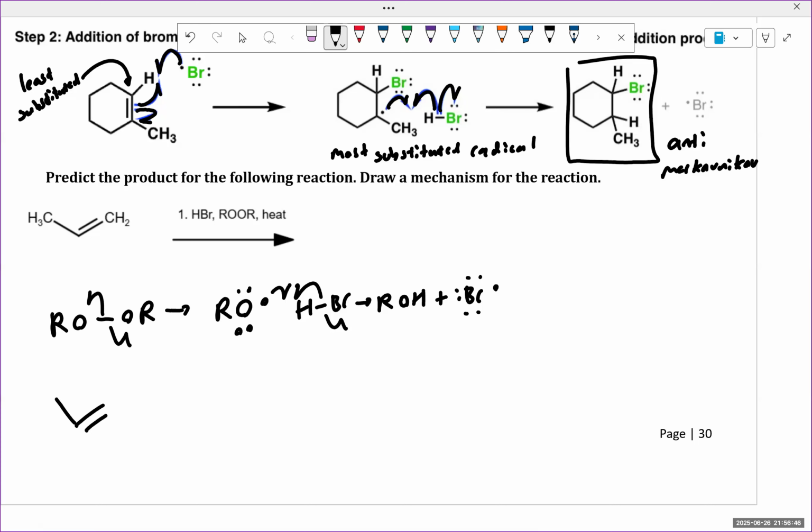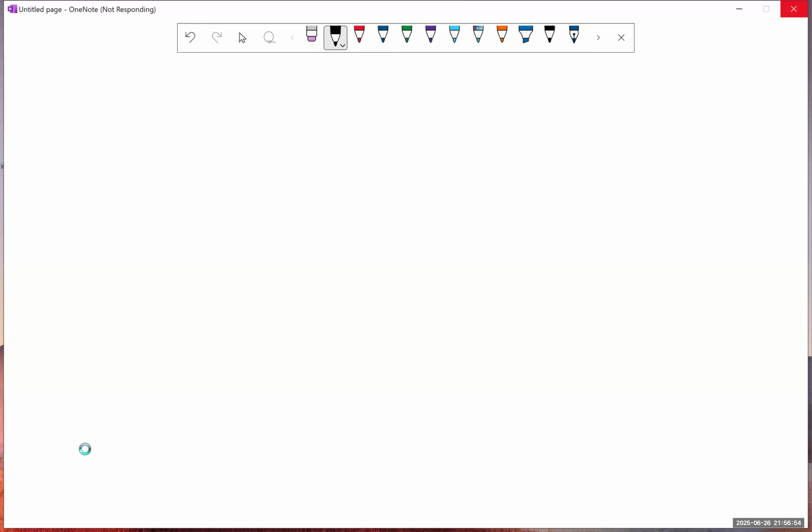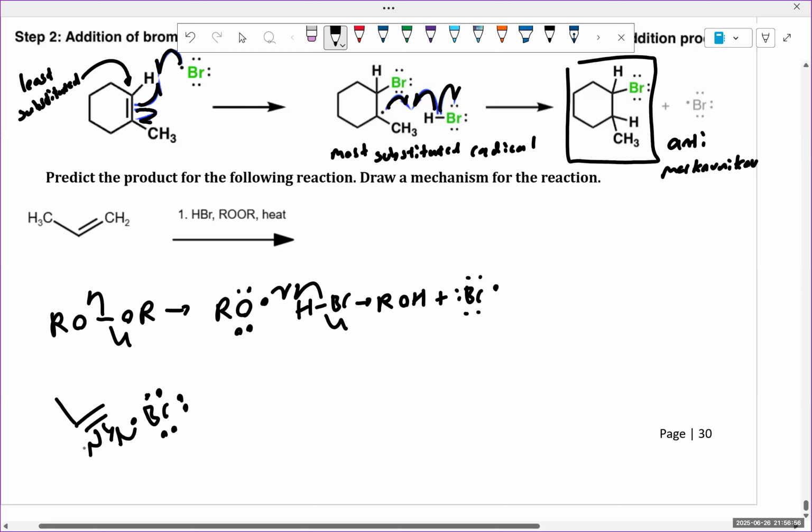From here, we can use that bromine radical. The bromine radical is going to add to the least substituted position, and addition is going to occur to yield the most substituted radical.